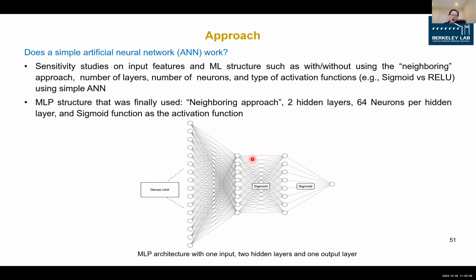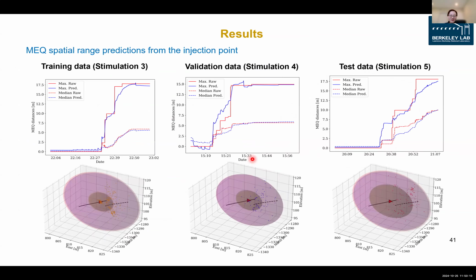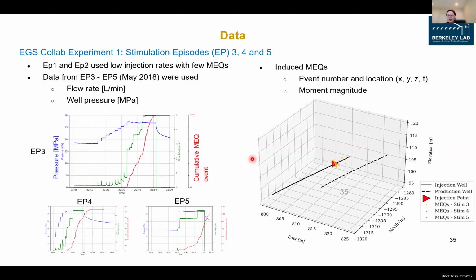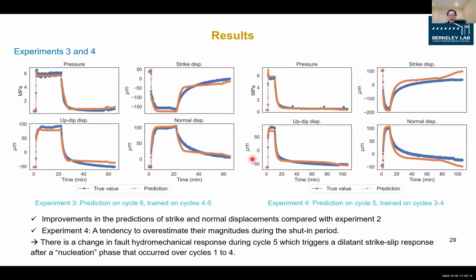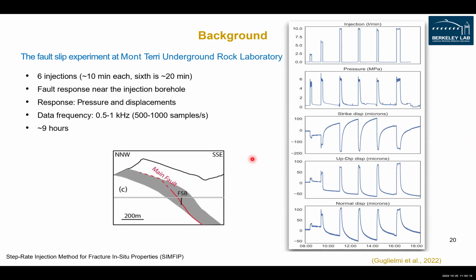And we are talking about problems when there are irreversible fault changes, for example, in the Mont Terri Underground Laboratory. Exactly. Yes. So classical models in 3D are very, very good. They have this kind of complex constitutive behavior that can capture irreversible changes.